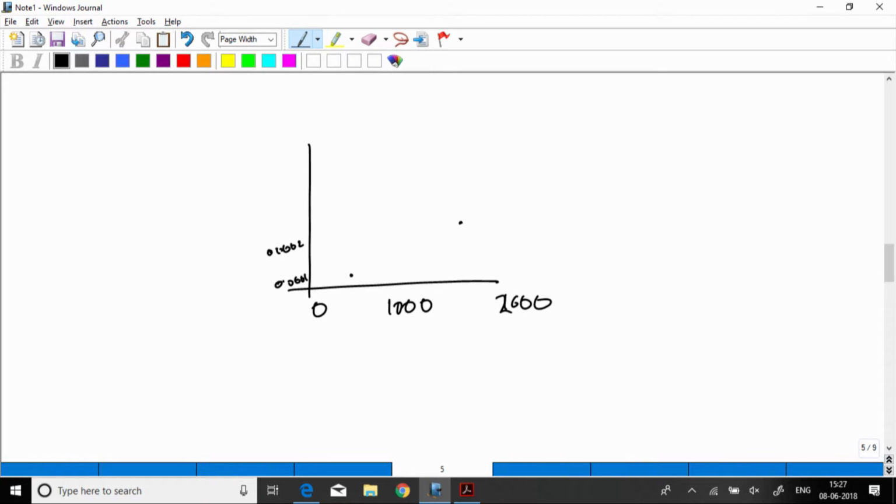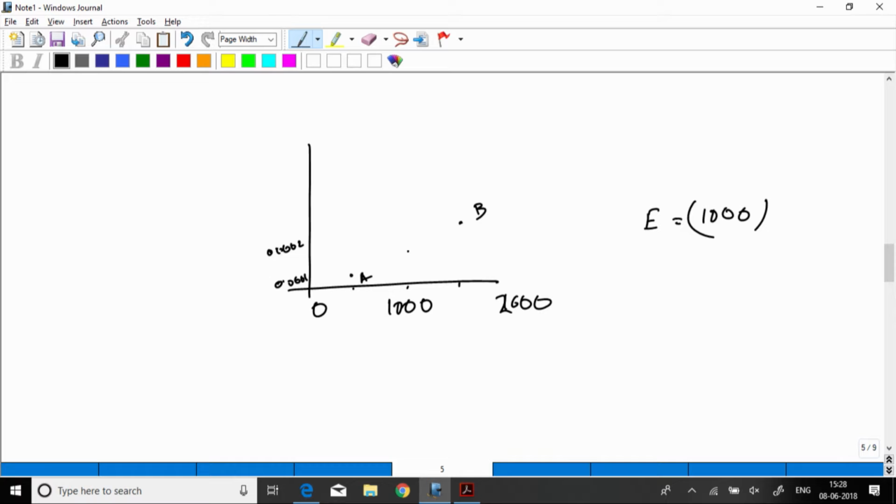If you calculate the L2 distance of these 2 points, what will be the value? It is almost 2000, maybe around 1000. This is our Euclidean distance between these 2 points A and B.